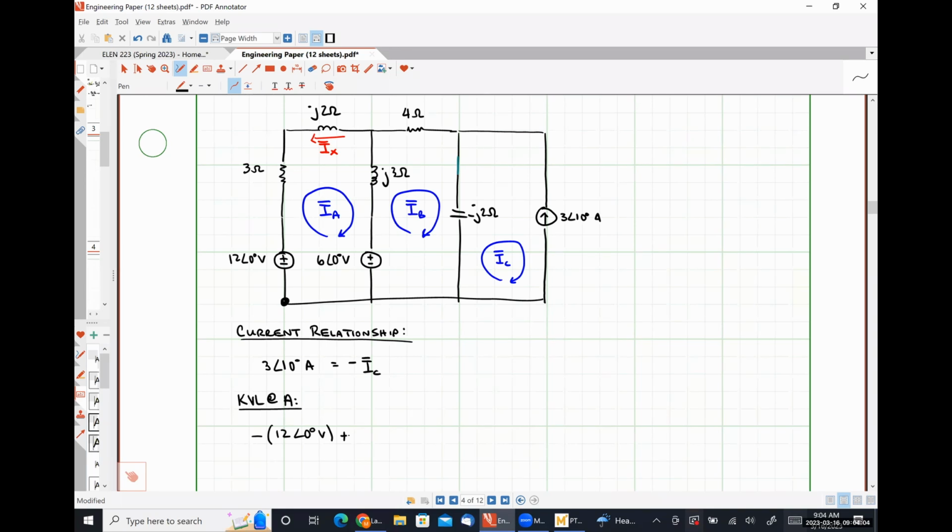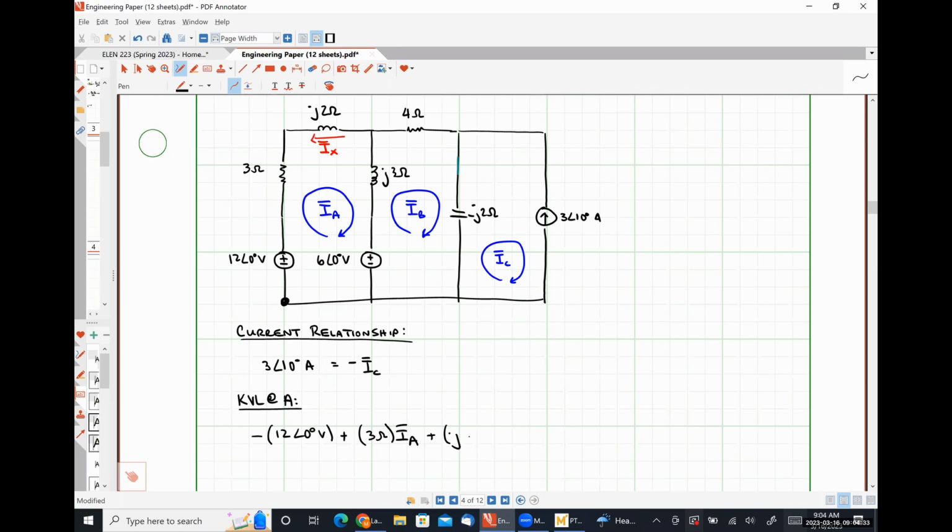What's the next thing I see? The 3 ohm resistor, all right? Exactly right, IA times 3 ohms. What's the next thing I see? J2 ohm resistor, okay.